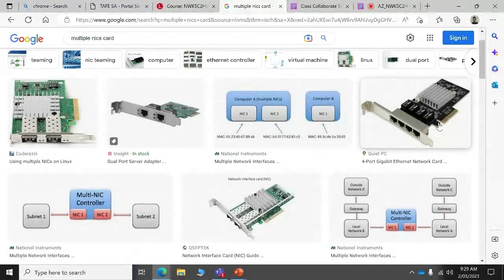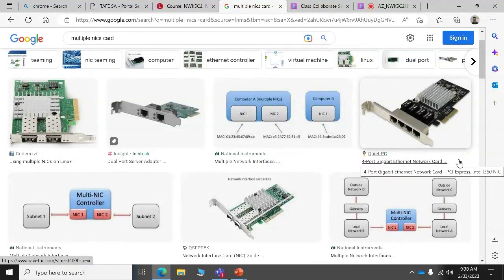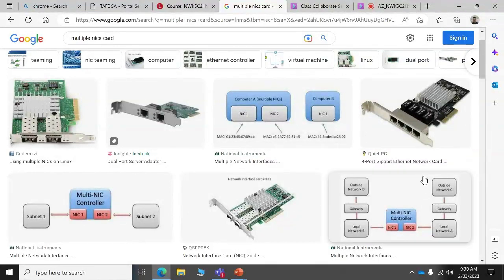You can see that this one expansion card, PCI Express, you plug it into your server host, your ESXi host, and then that gives you 4 more network cards, doesn't it? When you buy 5 of these, this is 4, so it gives you 20 different network interface cards. And you don't need a switch. No, you do need a switch, because each one of these has to plug into a switch somewhere, okay? Because they have to be uplinked still to the physical network.